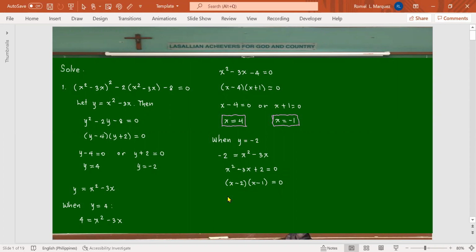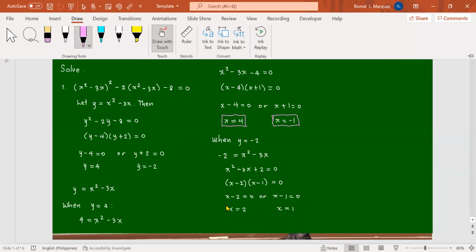So equate its factors to 0. We get x equals 2 or x equals 1, right? So these are the other possible roots.